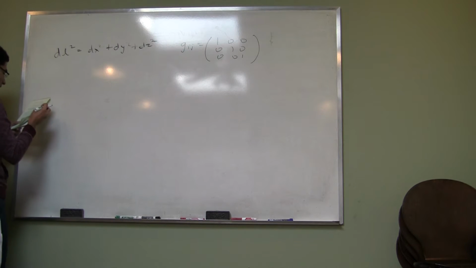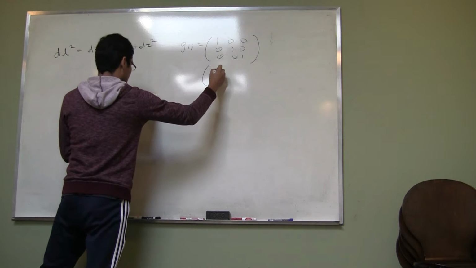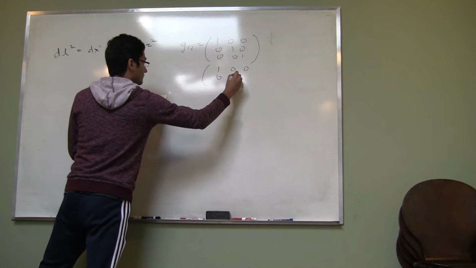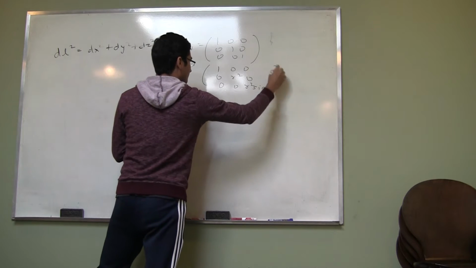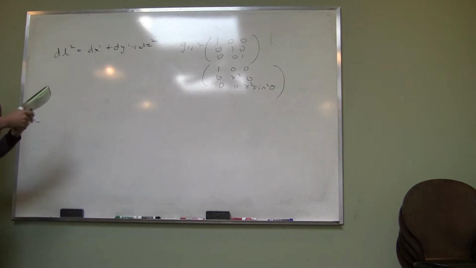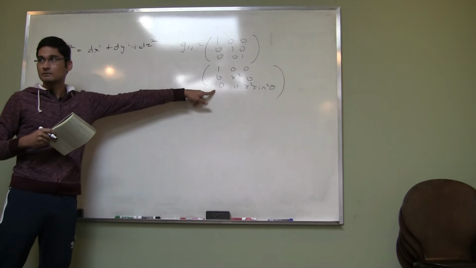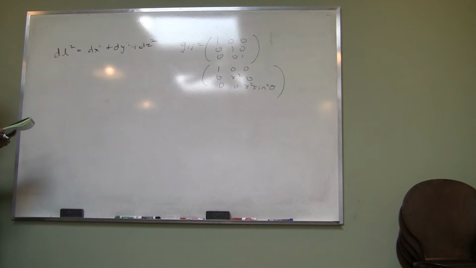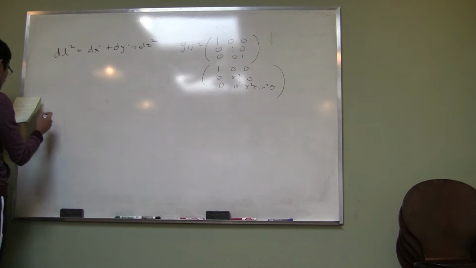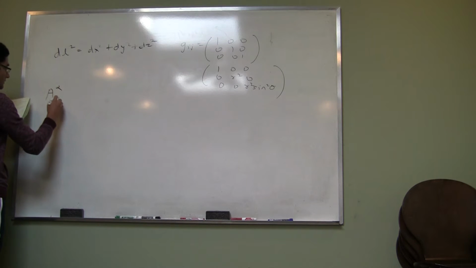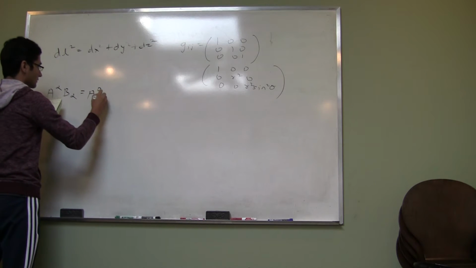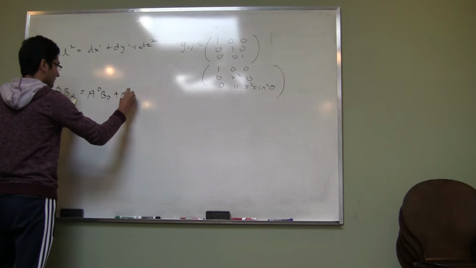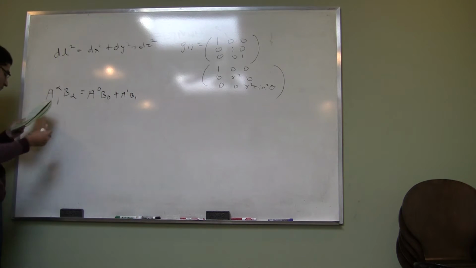And if you convert it to spherical polar coordinates, the metric will be 1 0 0, 0 r squared 0, 0 0 r squared sine squared theta. I guess you know that as well. And the Einstein summation convention is a alpha b alpha equals a0 b0 plus a1 b1 and so on, with alpha running from 0 to n.